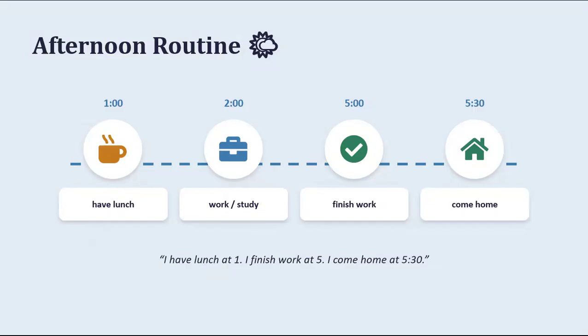I work at 2. I finish my work at 5. I come home at 5:30. So this is the routine that I just mentioned here. This is just an example. You can use your own, and it will be better if you use your own.